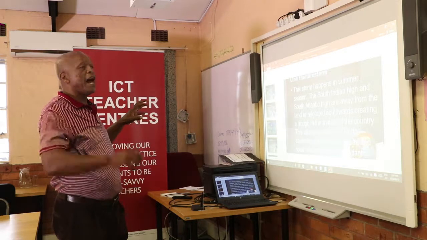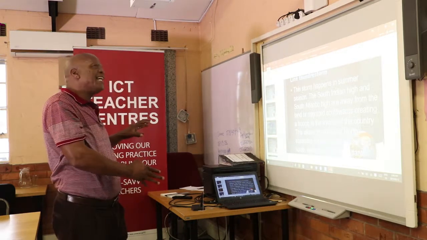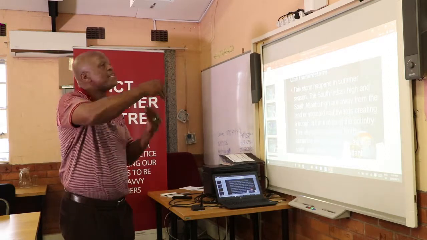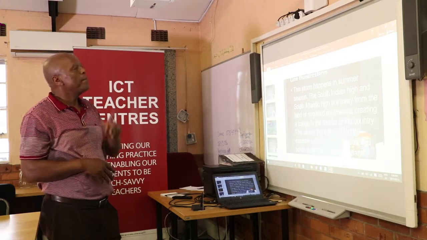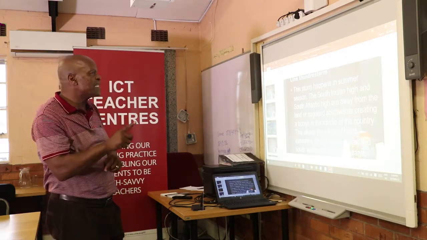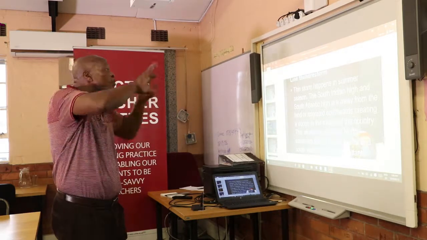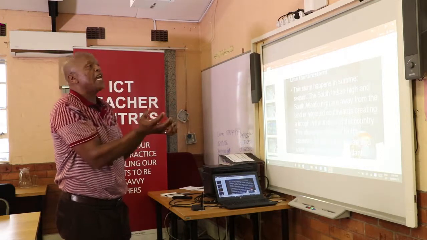High pressure cell, and then there's a trough in the middle. This trough allows the inflow of the northeasterly and the inflow of the southwesterly. That is why. Because if it was winter, there wouldn't be an inflow of the northeasterly and southwesterly, because there would be a high pressure cell there occupying the land with cold air.